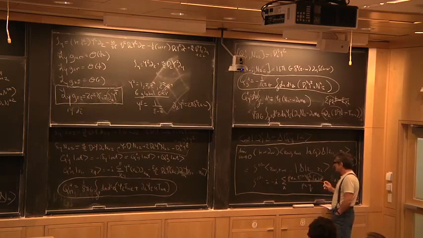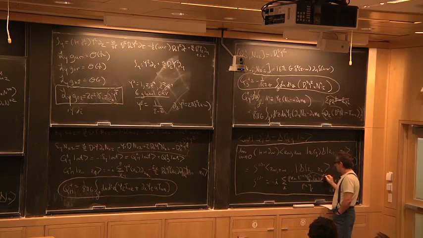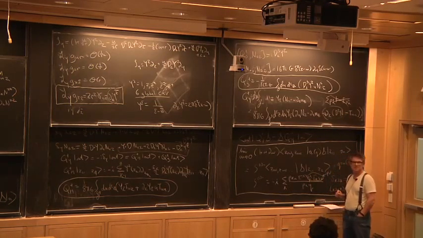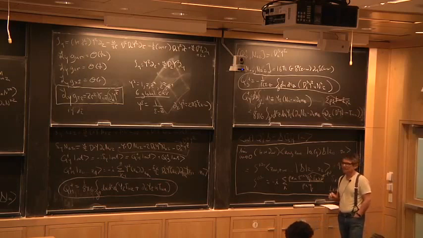Comparing to what we did with the soft theorem with super translations, this Q lambda J lambda nu was replaced by P nu. Okay?